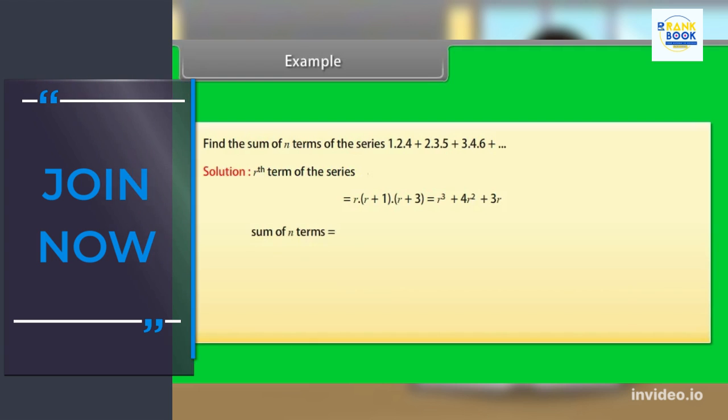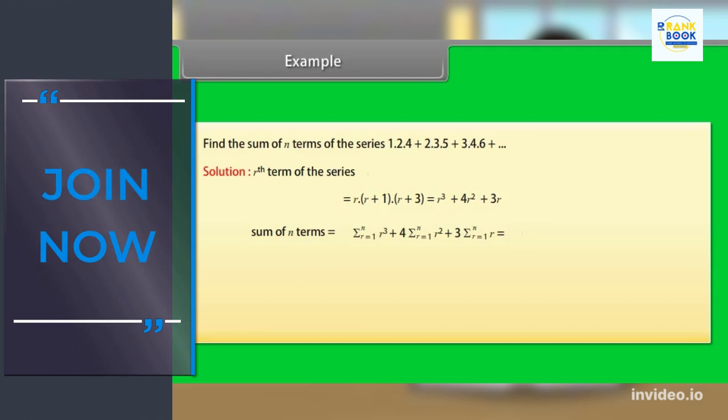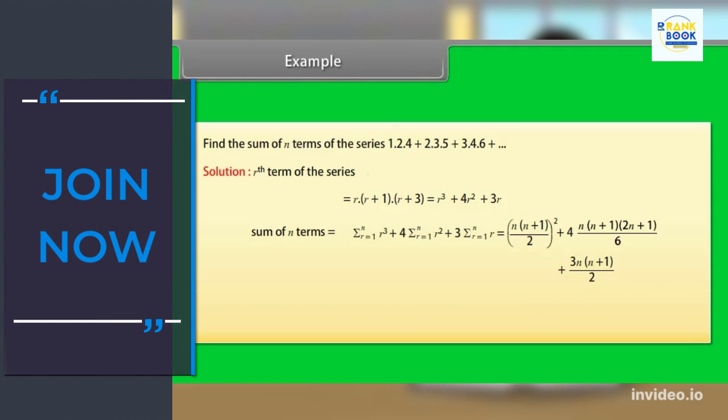Sum of n terms is equal to summation from r is equal to 1 to n of r cube plus 4 times summation from r is equal to 1 to n of r square plus 3 times summation from r is equal to 1 to n of r, which is equal to, on solving we get n into n plus 1 by 12 multiplied by 3n square plus 19n plus 26.